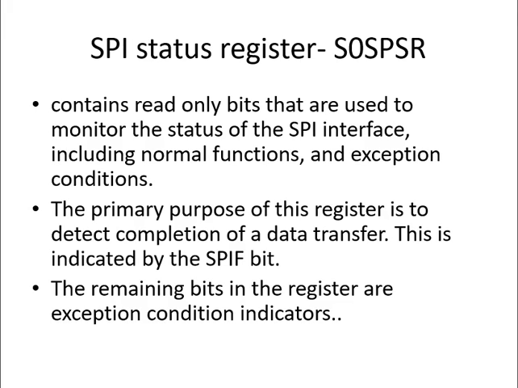The primary purpose of this register is to detect completion of data transfer. This is indicated by the SPIF bit, the serial peripheral interface flag bit, an interrupt flag bit actually. The remaining bits in the register are exception condition indicators. So just to check the condition of the data transfer, you can use the status register.